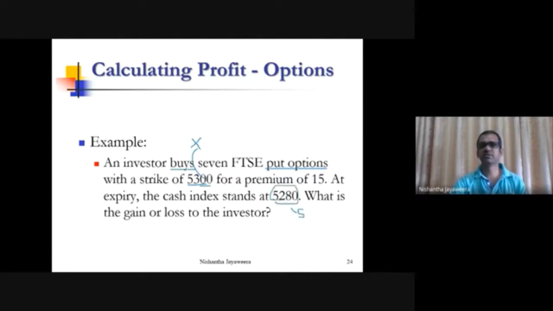Spot is 5,280. So strike is higher than the spot. You are a put option buyer. Strike price is higher than the spot price. What do you do?